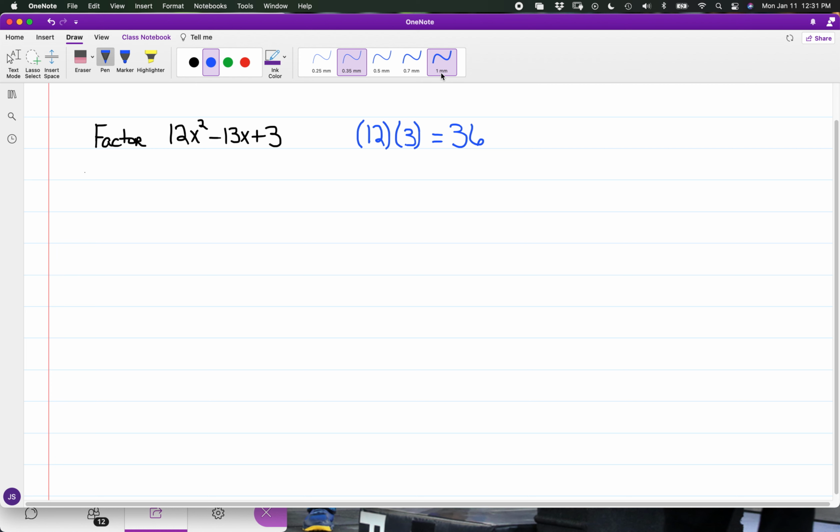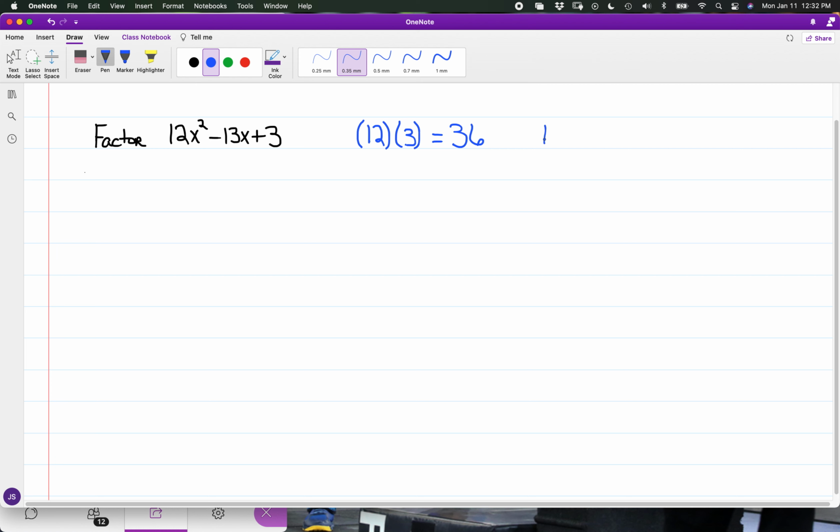Now, in the strategy, we're going to split up the minus 13x, and we're going to form a couple of x terms that will be simultaneously factors of 36, and that will add up to negative 13.